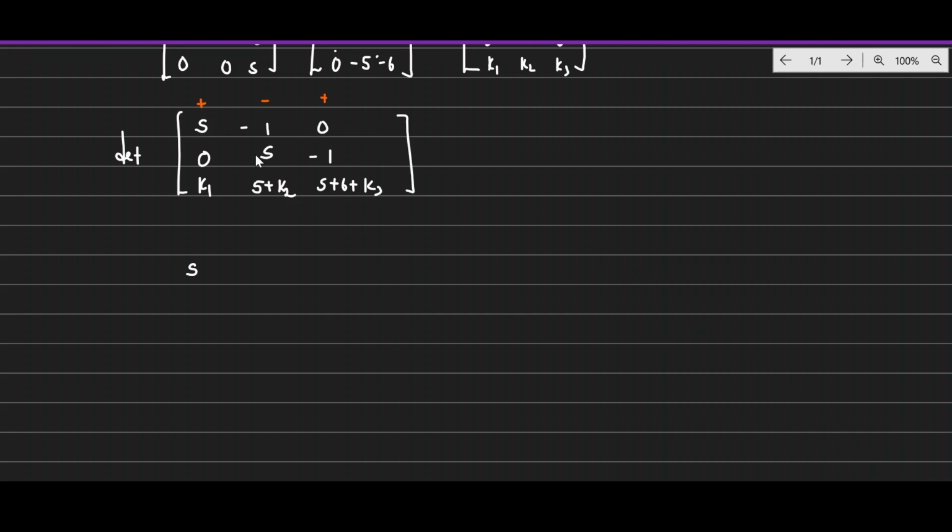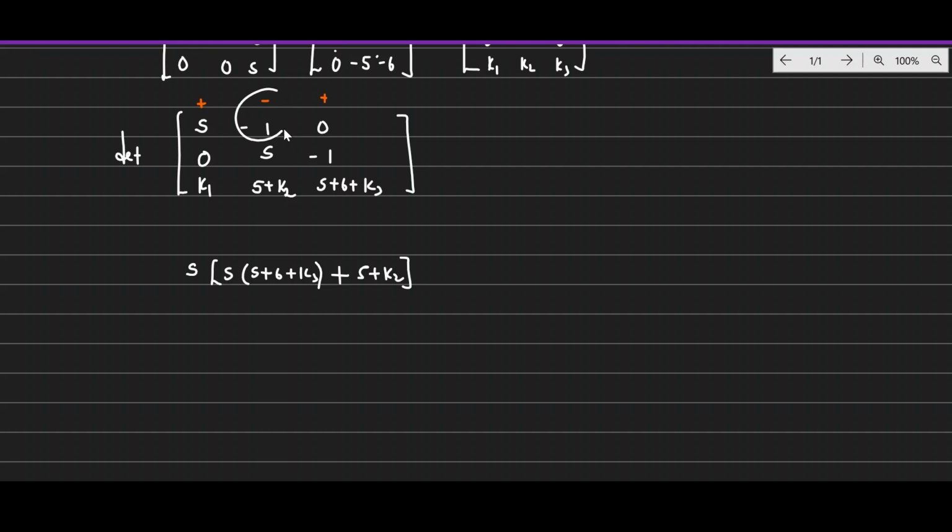You find the determinant of this: s multiplied by s plus 6 plus k3, and then minus this multiplied by that. Because we're negative, it will be plus, isn't it? Plus 5 plus k2.